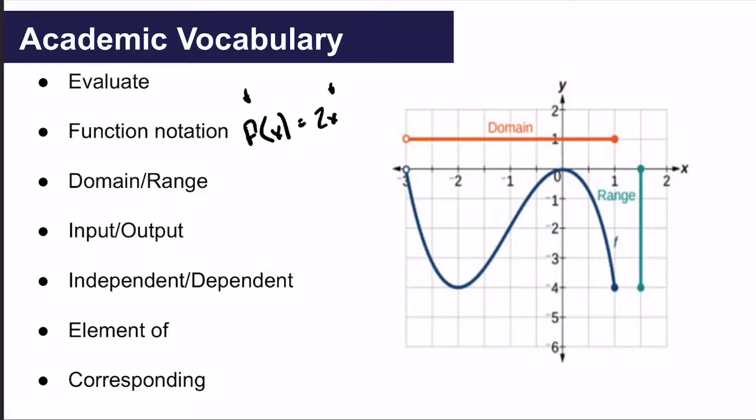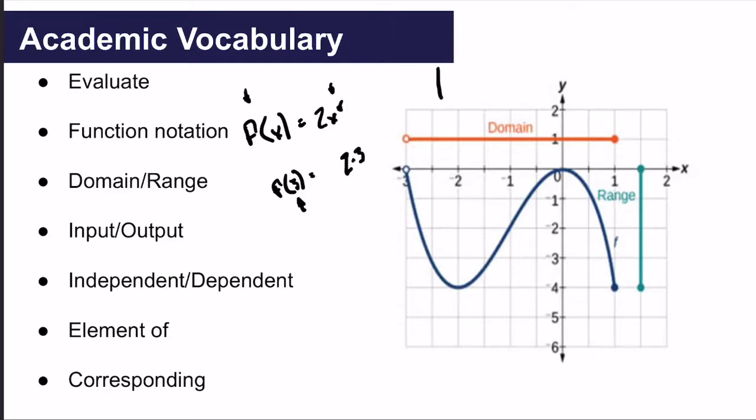Here's my input. So if I were to say I want to know what f of 3 is, f of x with 3 as my input, well, this just means that here's my input right there. So really all I'm doing is 2 times 3.